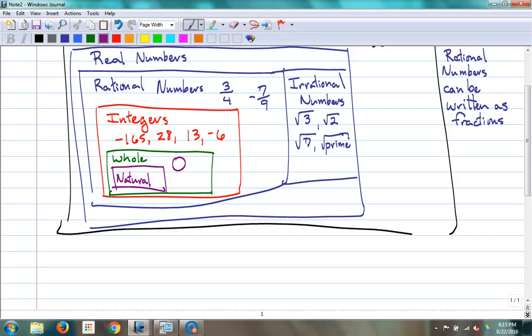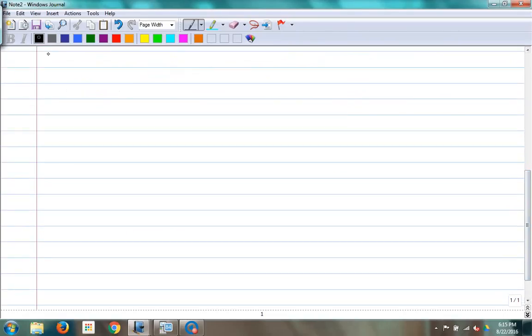Okay. All right. Now let's look at an example or two, and see if we can apply this a little bit. Example A. We're going to use a set. I'm just going to pick some numbers in this set, and then we're going to classify the numbers that are in this set.